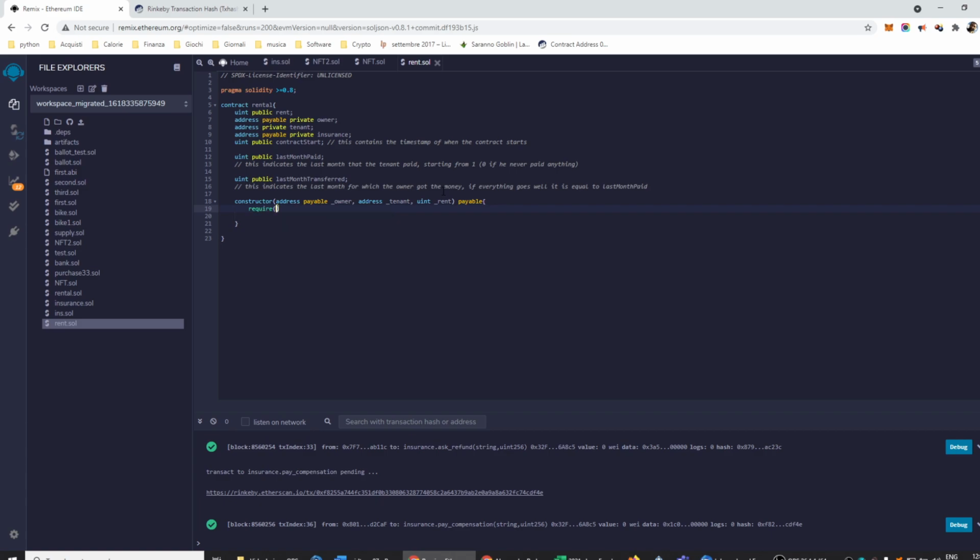What do we require? First of all, we require, if you don't mind, that the rent be larger than 0. Otherwise, require. We require also that the message value is at least 6 times the rent. The rent, in this case, is still the rent underscore.